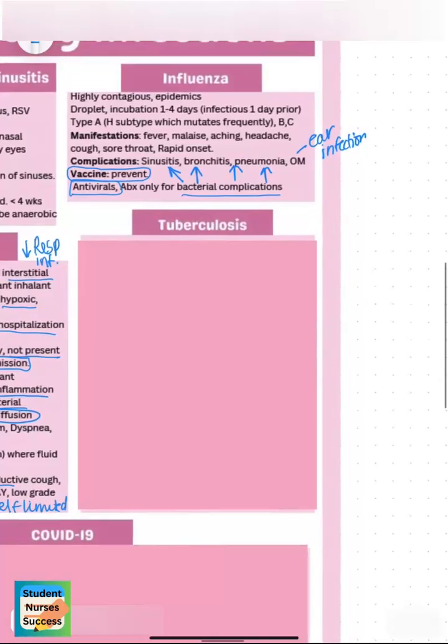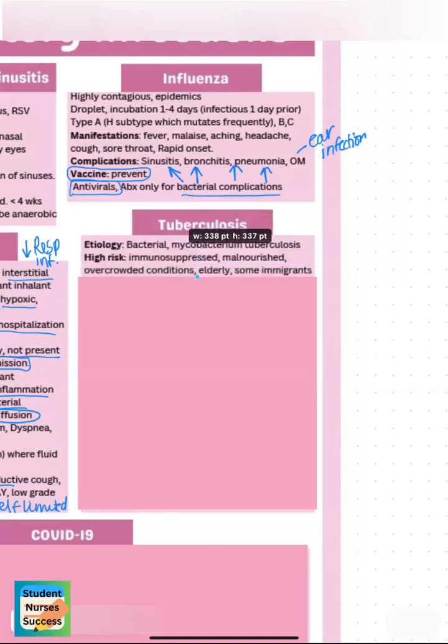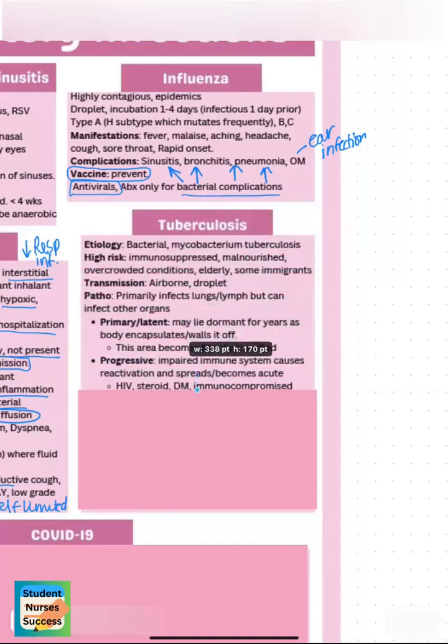Let's move over to tuberculosis. And let's just go down a little bit so we don't overwhelm you with too much information here. So tuberculosis is a bacteria. The etiology is bacterial, and the specific bacteria is Mycobacterium tuberculosis. Again, our high-risk patients for developing tuberculosis would be those who are immunocompromised, maybe the elderly, some who are maybe malnourished and not as healthy.